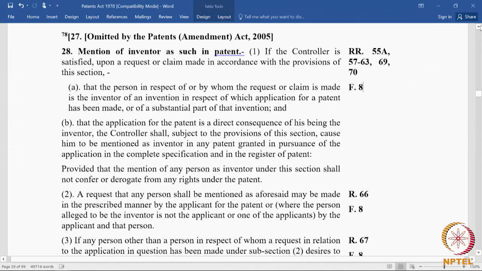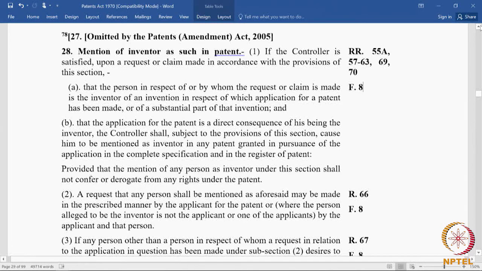So, in patent law, the inventor has a right to be mentioned as the inventor as long as the patent exists. So, the correction that the controller will do is he would mention that person as an inventor in the application for the complete specification. That is one place where he will make the correction, and in the register of patents.